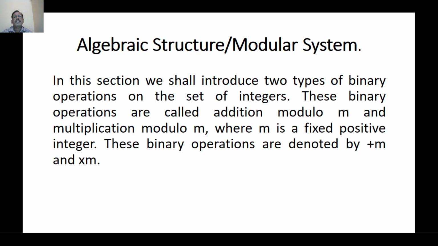In this session, we shall introduce two types of binary operations on the set of integers. These binary operations are called addition modulo m and multiplication modulo m, where m is a fixed positive integer. These binary operations are denoted by plus m and into m.